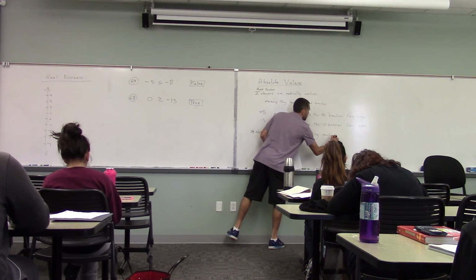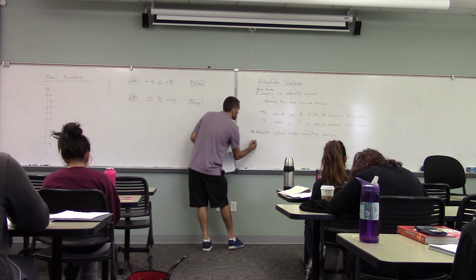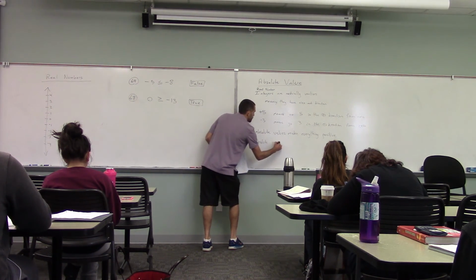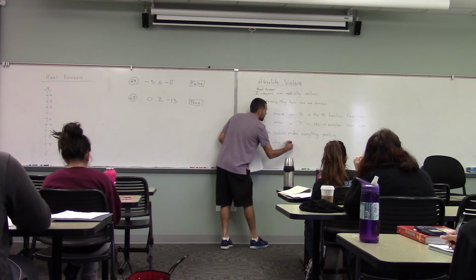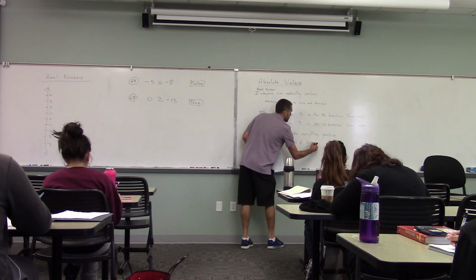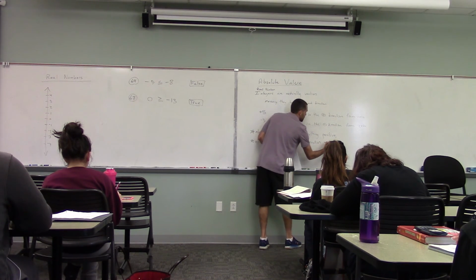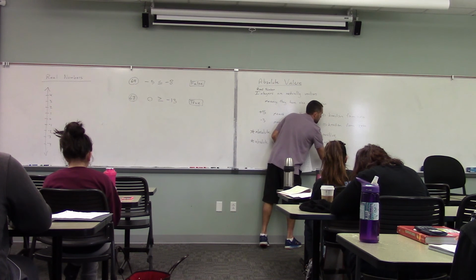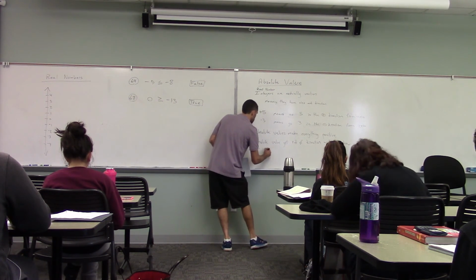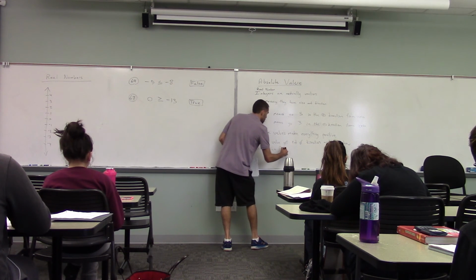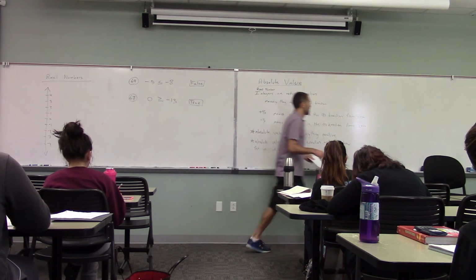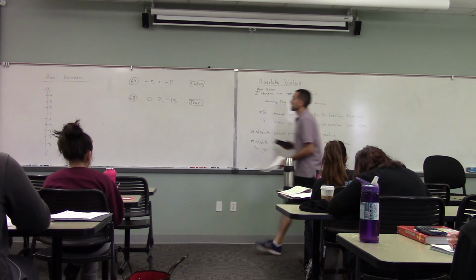Or you can think of it as absolute value gets rid of direction and asks how far you are from zero. Okay, so just a couple quick examples, and then we'll go over some homework problems.